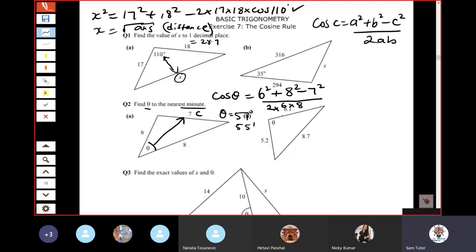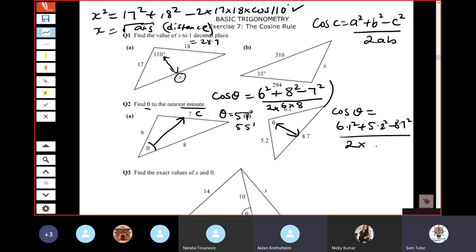Aiden, let's do this one here. Yeah. Cos theta equals 6.1 squared plus 5.2 squared minus 8.7 squared, correct, that's going to be at the end, over 2 times 6.1 times 5.2.